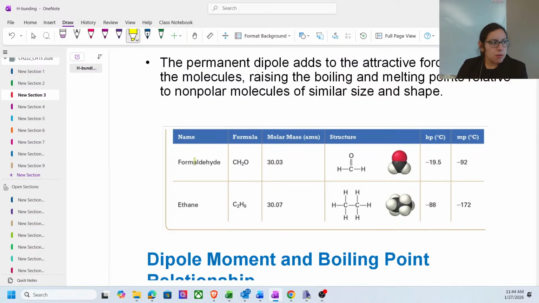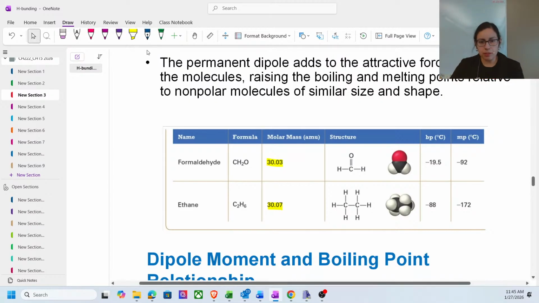So we're comparing formaldehyde and ethane. And so, again, the first consideration we're going to do is molar mass. While they do have different formulas, their mass is pretty similar. So both pretty small molecules, around 30. But let's look at their difference in boiling point.